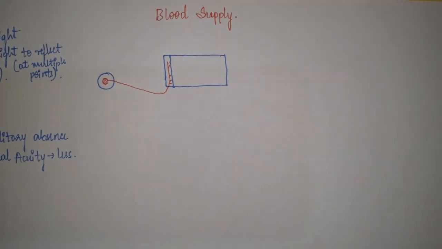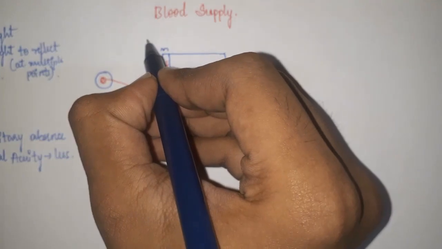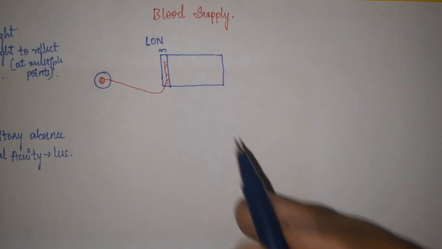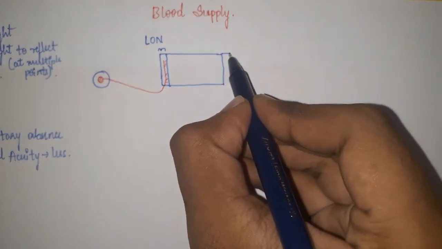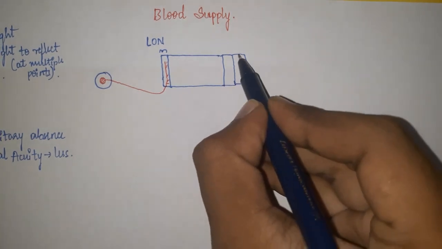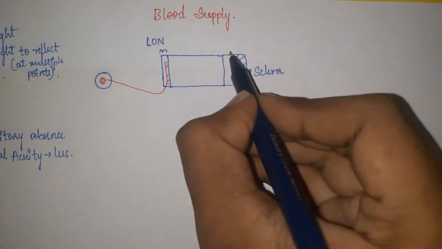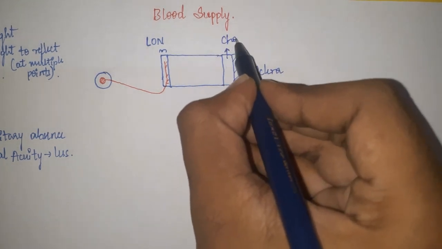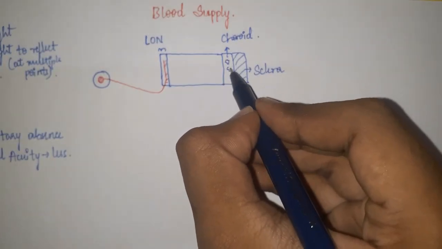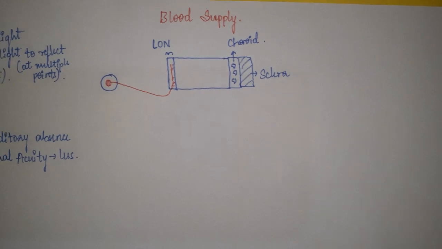Now, this is the choroid layer, and the outermost layer is the sclera. Remember, choroid is highly vascular. It is supplied with a large number of blood vessels.